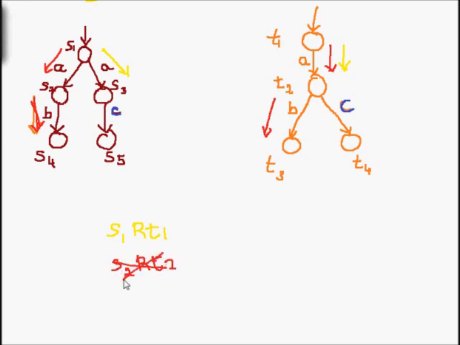No. I should check for this outgoing transition. So let me check. T2 makes a C transition to T4, but there is no C transition made by S2 to some other state. There is no C transition.